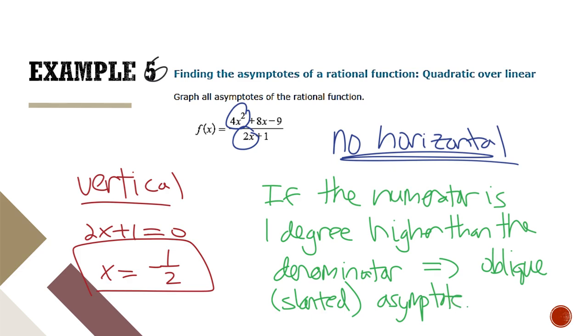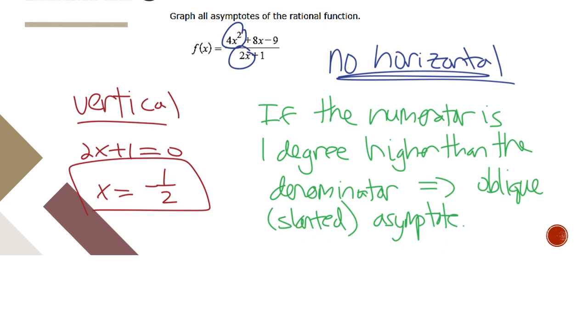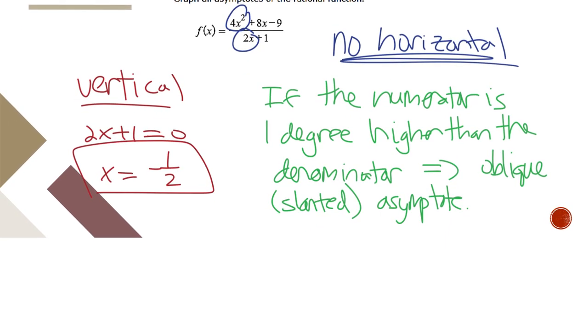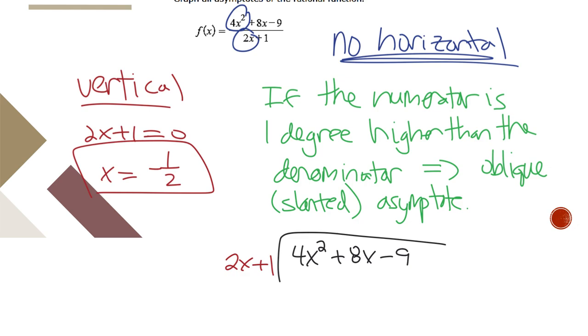So what we need to do to find that is use long division. To find oblique or slanted asymptotes, we will have to use long division. So we're going to say 4x squared, our dividend, plus 8x minus 9, and we will be dividing by that divisor of 2x plus 1.